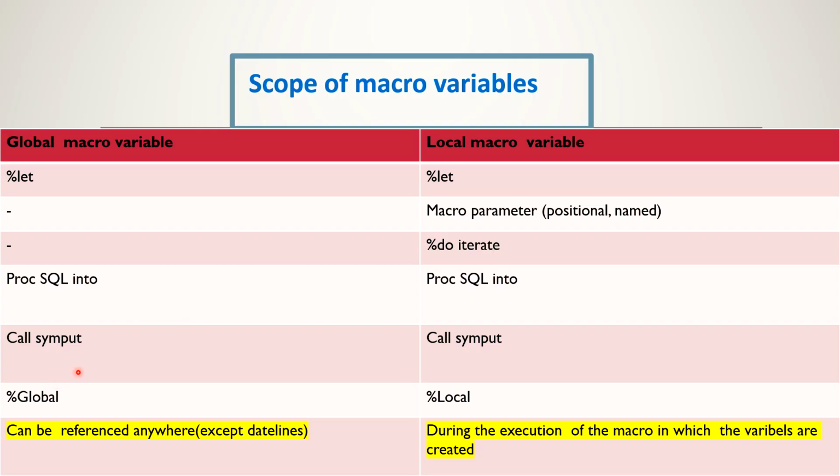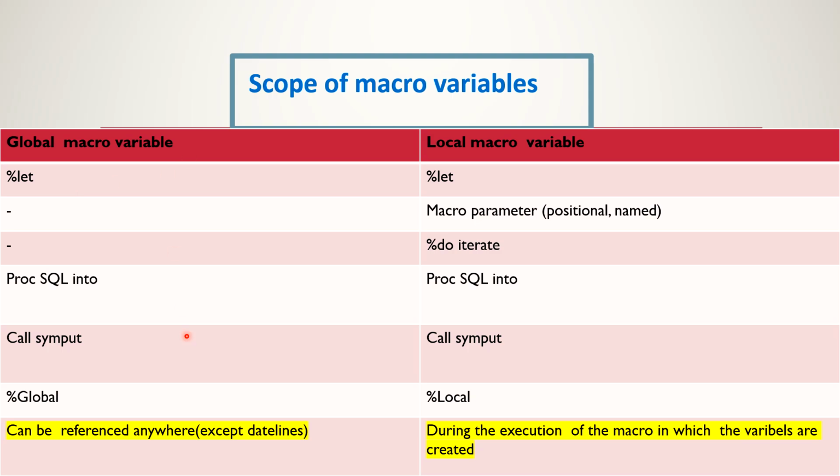Call symput is also the same, right? Here we have %global and %local, which are the options.